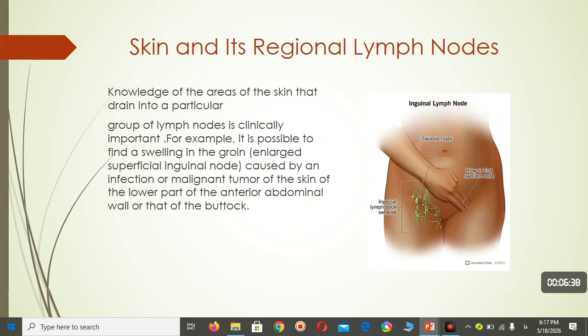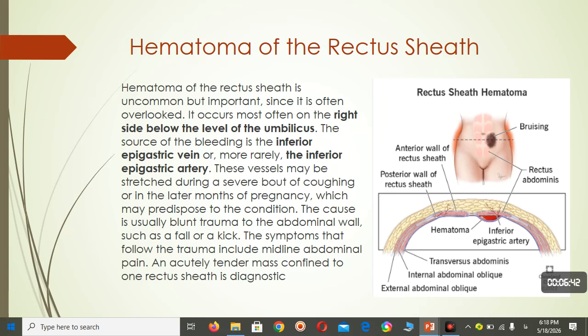Another condition is that maybe in the rectus sheath we have hemorrhage when we have blunt trauma here, like in a person who plays football.